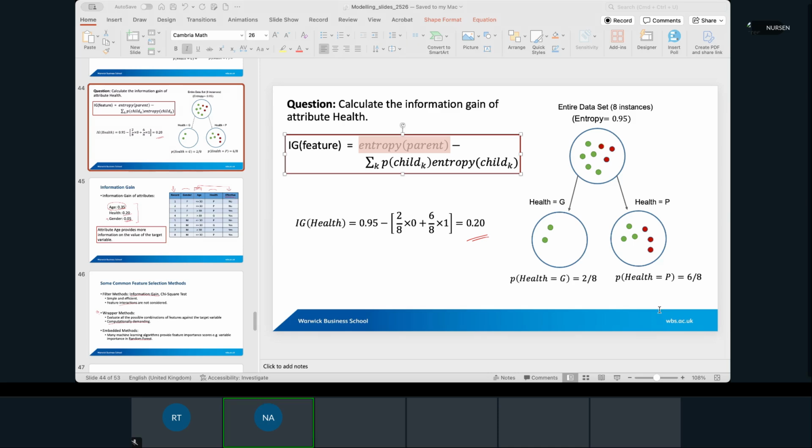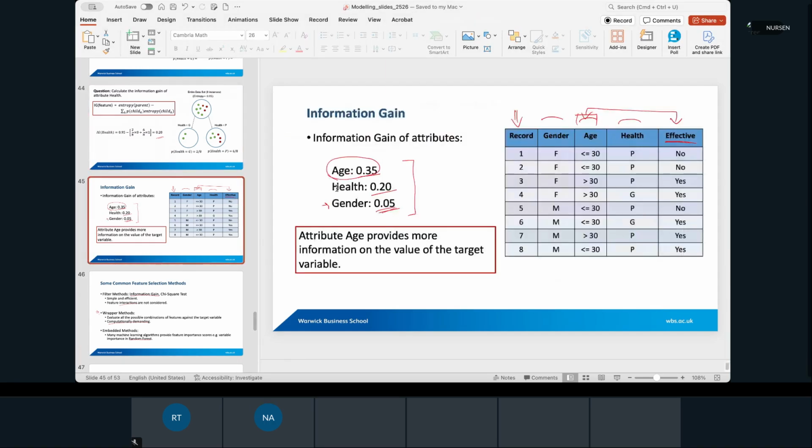One question: in this case, we will eliminate gender, right? If we check the comparison, gender has the lowest, but if you check the difference between age and health, we have 0.15, and between health and gender, we have 0.15. So there is no high jump.